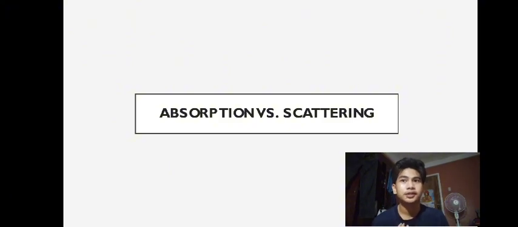For example, the sky appears blue due to Rayleigh scattering, where shorter wavelengths of sunlight are scattered more effectively by molecules in the atmosphere compared to the longer wavelengths. These scattered blue lights reach our eyes from all directions, making the sky appear blue.